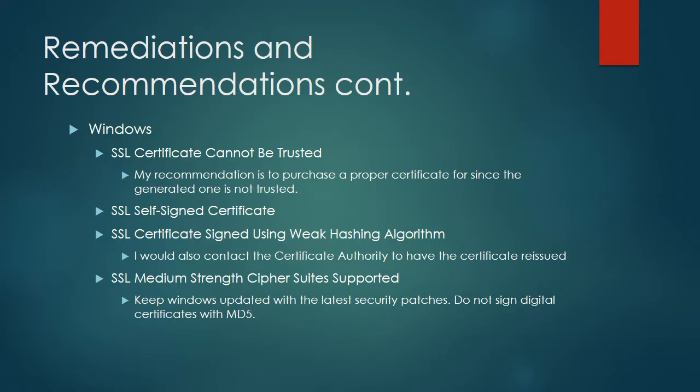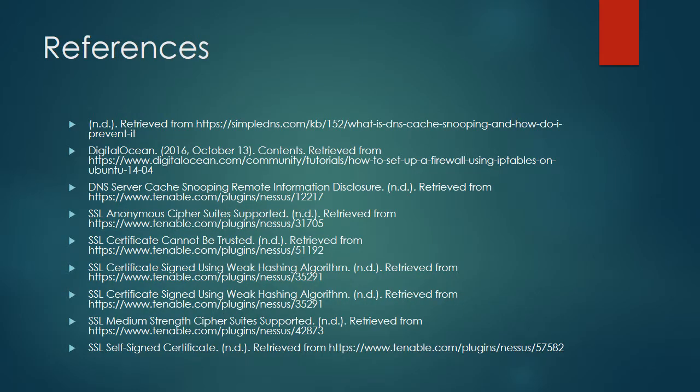Next we have the SSL medium strength cipher suite supported. Make sure to keep Windows updated with the latest security patches and do not sign digital certificates with MD5 since it is outdated. Here are my references, and thank you for watching.